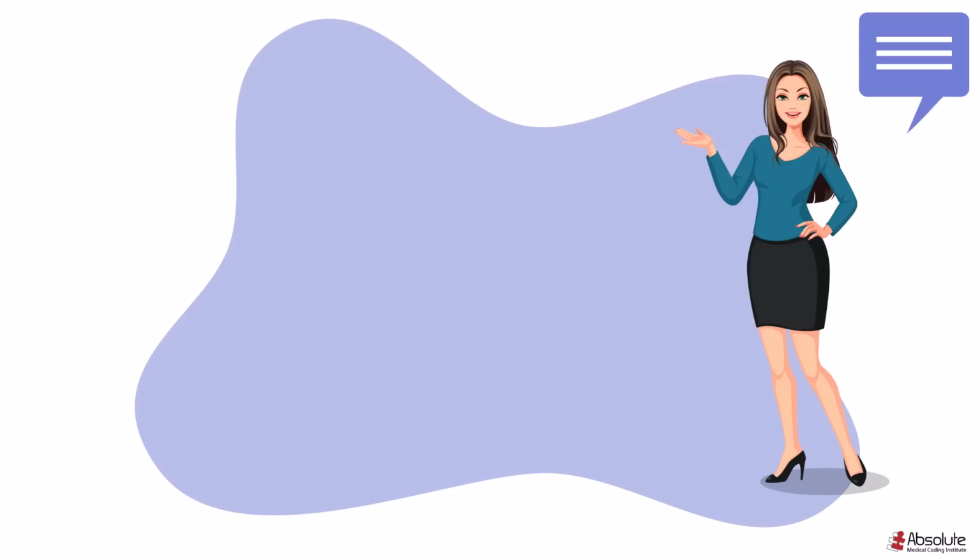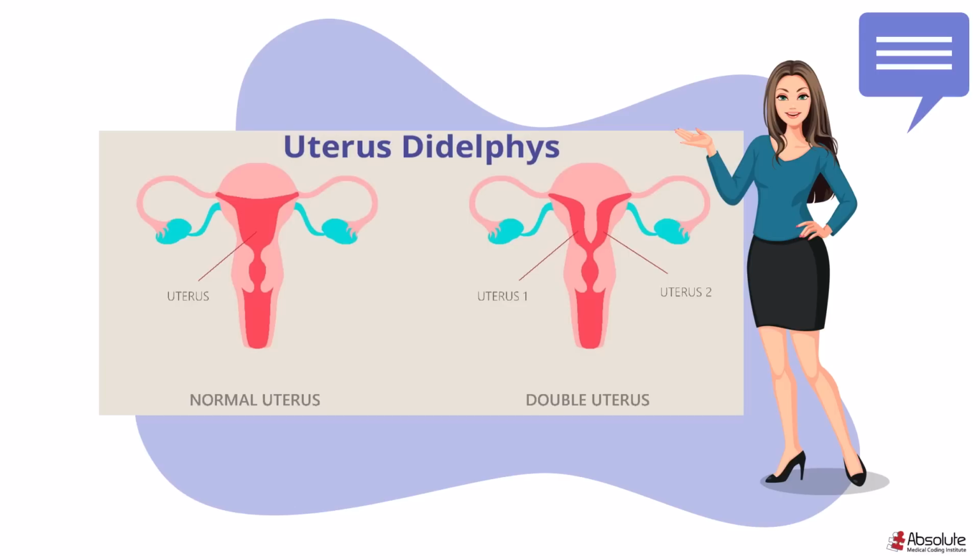Meet Sophie. Sophie had always been a healthy, vibrant young woman, but her life took a dramatic turn. She was recently diagnosed with uterus didelphys. Uterus didelphys is a rare congenital condition, characterized by the presence of two separate uteruses. On the left, you can see a normal uterus.